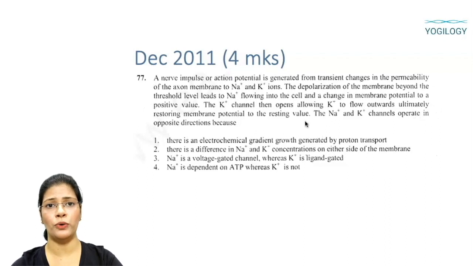The sodium and potassium channels operate in opposite direction because: the first option, there is an electrochemical gradient generated by proton transport. Second, there is a difference in sodium and potassium concentration on either side of the membrane. Third, sodium is a voltage gated channel whereas potassium is ligand gated. Fourth, sodium is dependent on ATP whereas potassium is not.